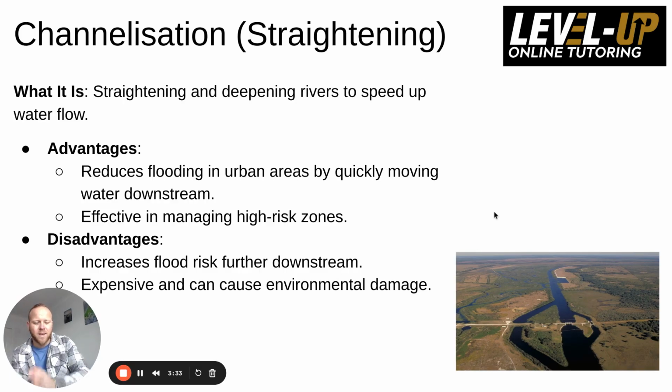However, if you are speeding up river flow in one place, that's great for that place, but further downstream, you're actually increasing flood risk because obviously their river is being filled quicker. Again, it's hard engineering, so it's very expensive. It might cause people to need to move whilst they're straightening the channel. And again, if you're doing anything to a natural ecosystem, that can have massive environmental implications on the food chains and ecosystems that are there.